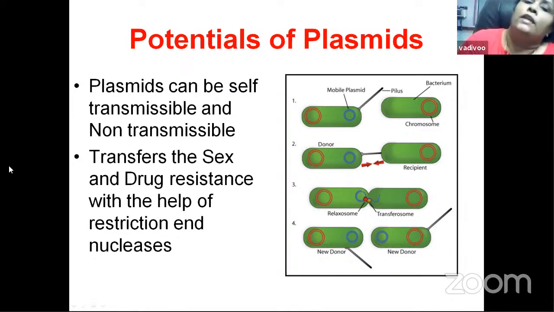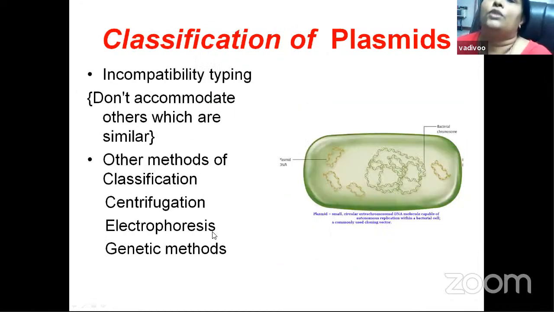In this part of the classification, when they are transmissible, they are called transmissible or conjugative plasmids, when they have the potential to produce a pilus or conjugative tube. In this case, they transfer the sex factor and drug resistance with the help of restriction nucleases.